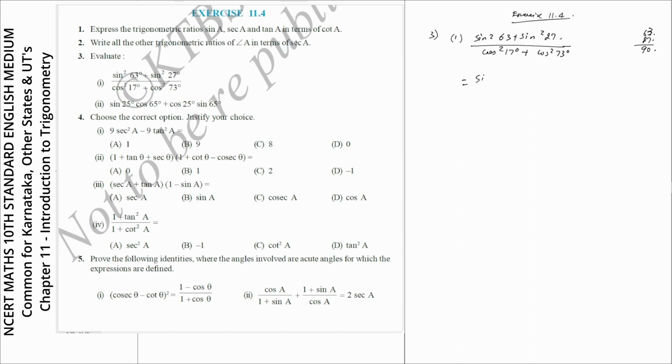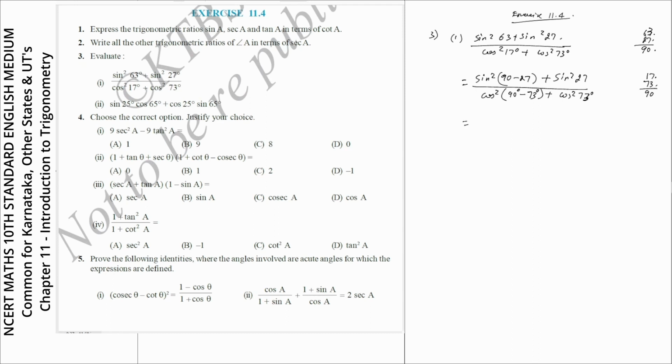So in sin square I will write 63 as 90 minus 27, plus sin square 27, divided by cos square. In the numerator, 17 plus 73 I will get 90. So in place of 17 degree, I will write 90 degree minus 73 degree, plus cos square 73 degree.